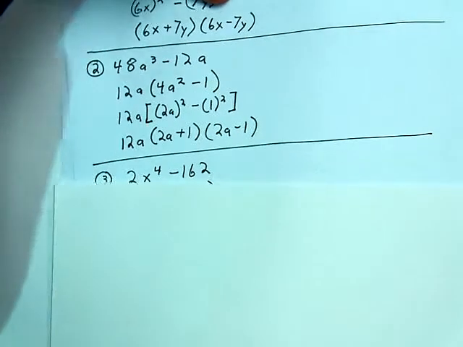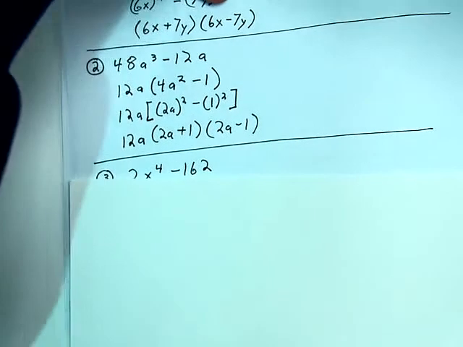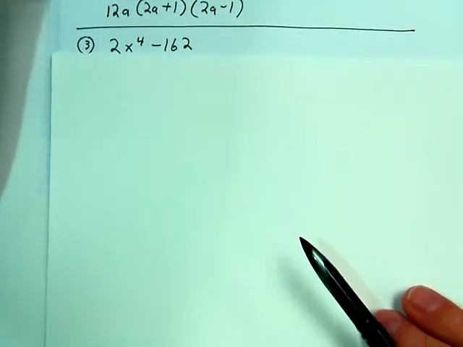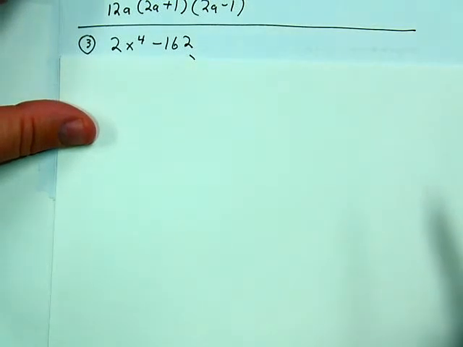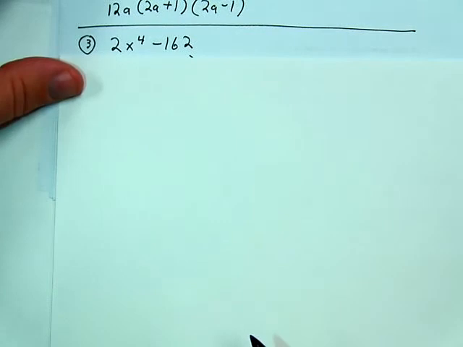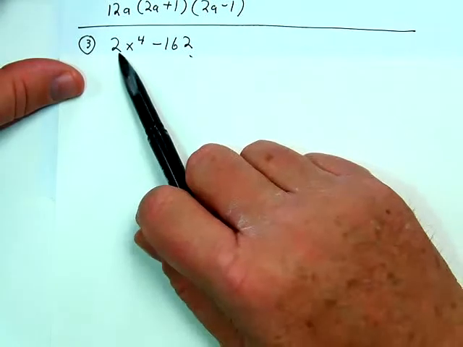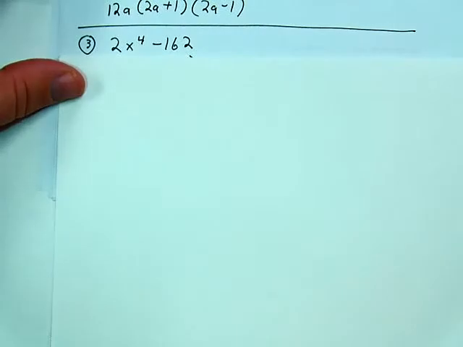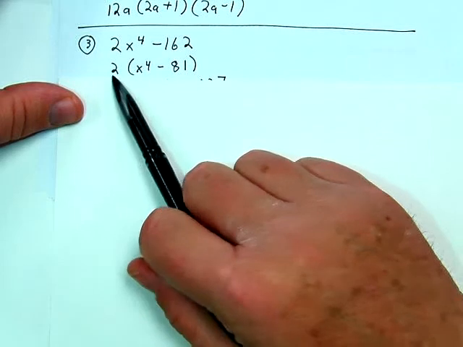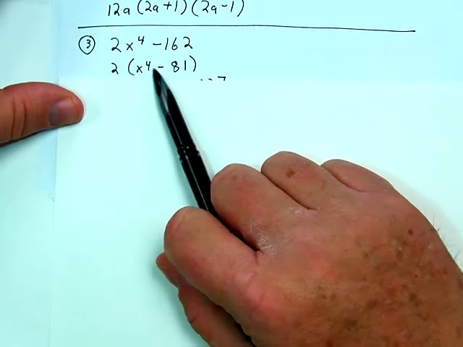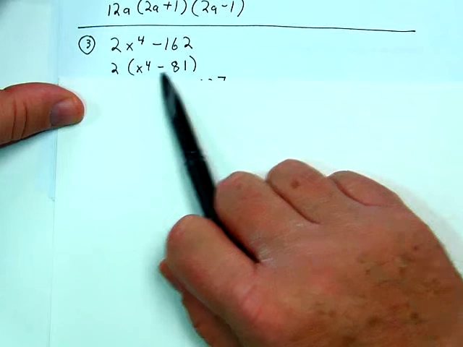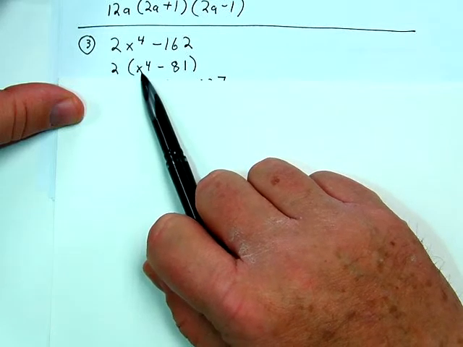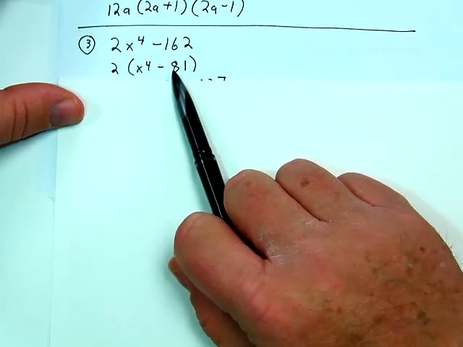Let's look at another example. Let's look at example 3. In example 3, we have 2x to the fourth minus 162. Okay? In this example, well, I can see right away I can pull a 2 out. So I'm going to go ahead and do that. So I pull a 2 out and I get x to the fourth minus 81. So that looks like the difference of squares to me, because I can go x squared squared minus 9 squared.